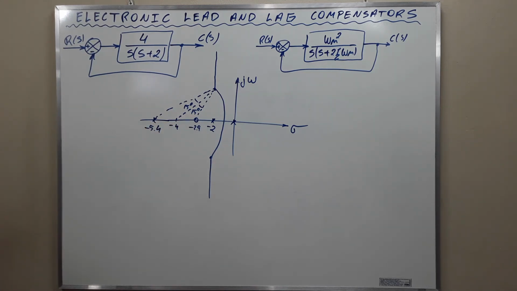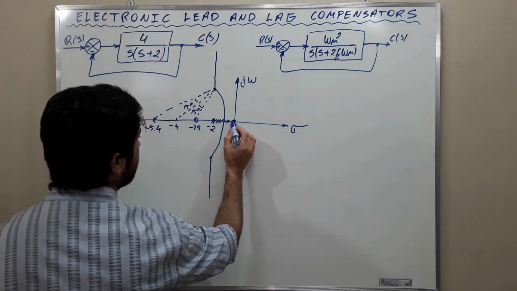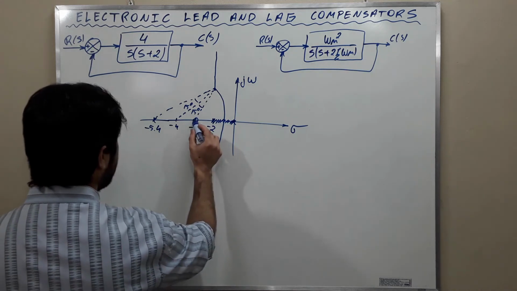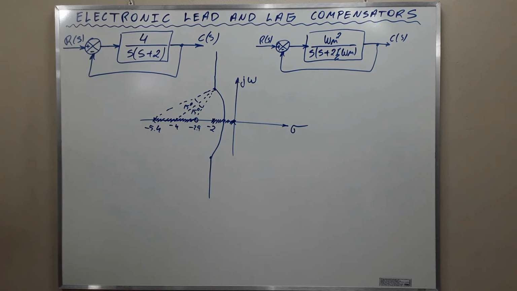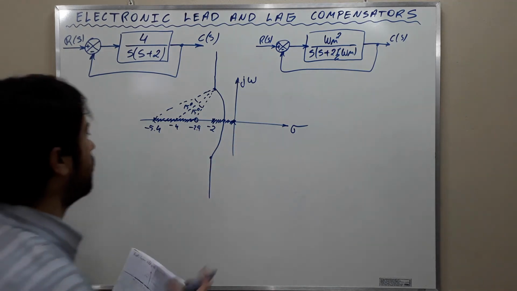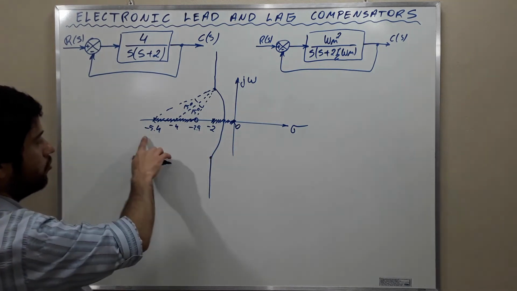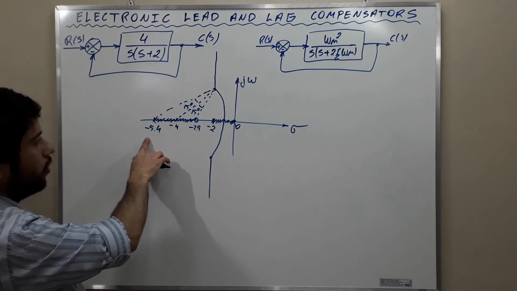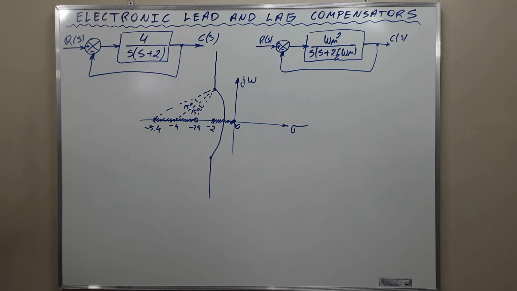And we have root-locus here and here too. This is the root-locus plot from 0 to -2 and from -2.9 to -5.4, and this line here is the root-locus plot of the compensated system.